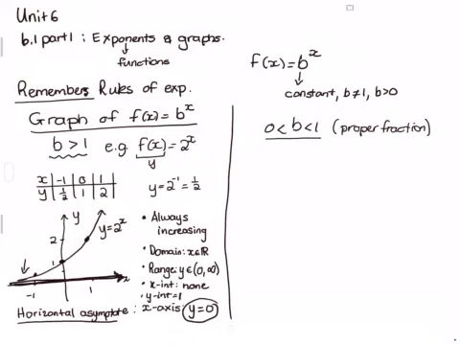Right, we're going to compare the two, as I said. So in this case, let's use f of x equals 1/2 to the x. Just also remember that 1/2 to the x is the same as 2 to the -1 to the x, so 2 to the -x.